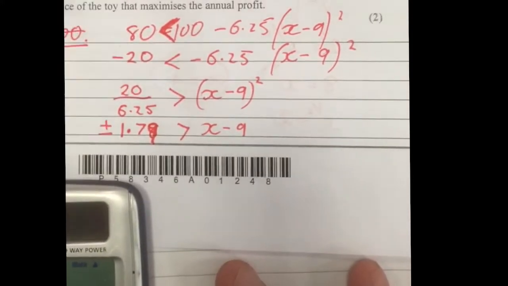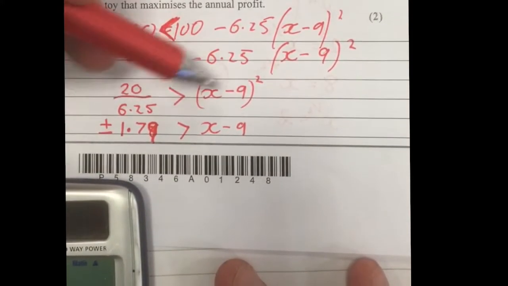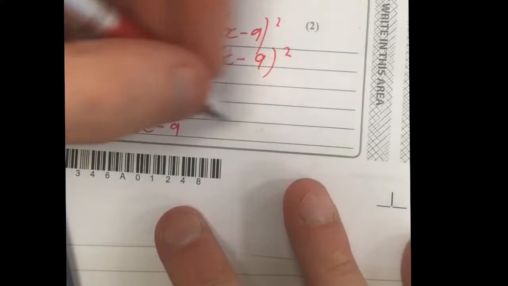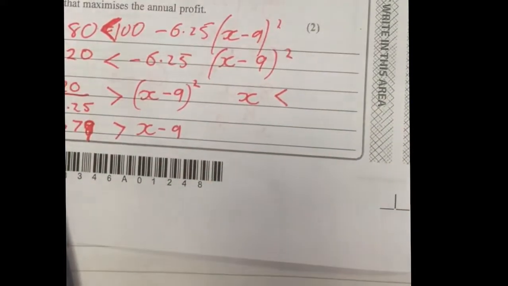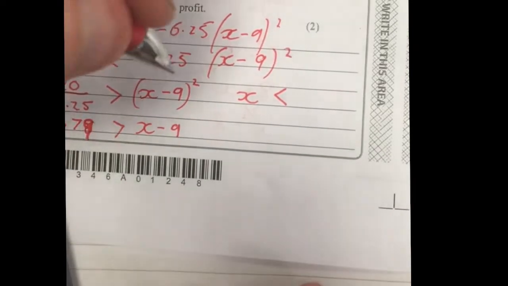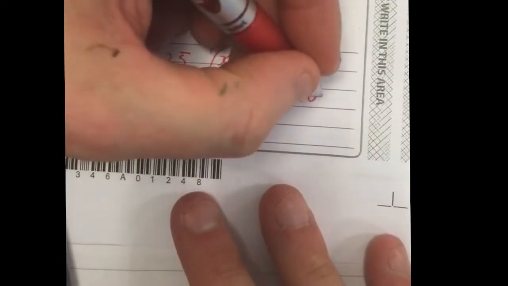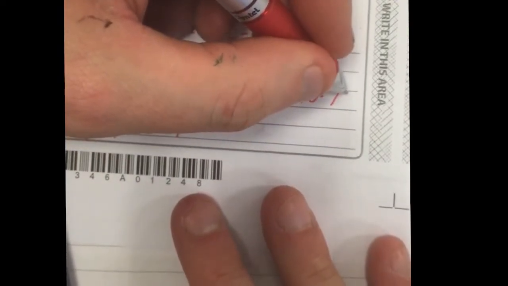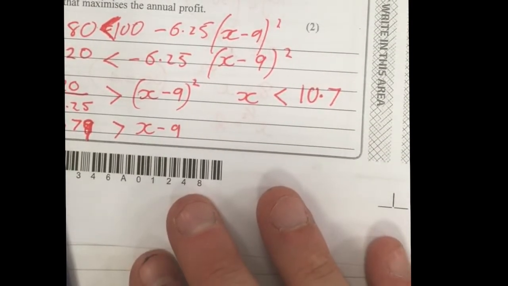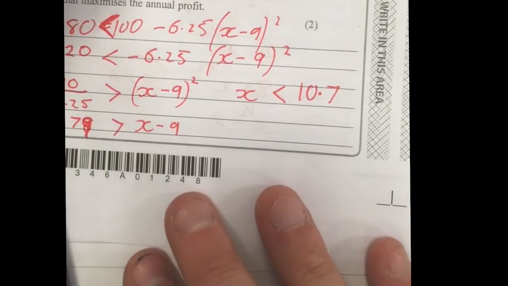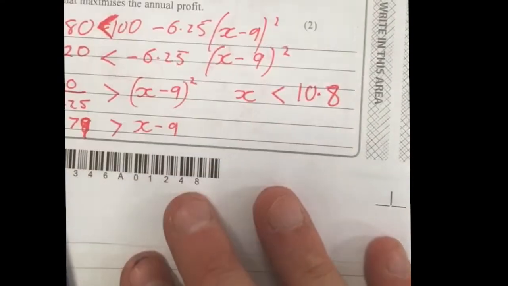Now this could be plus or negative because we've square rooted. So my two values for x is either x is going to be less than 10.7 or 10.8, let's say.